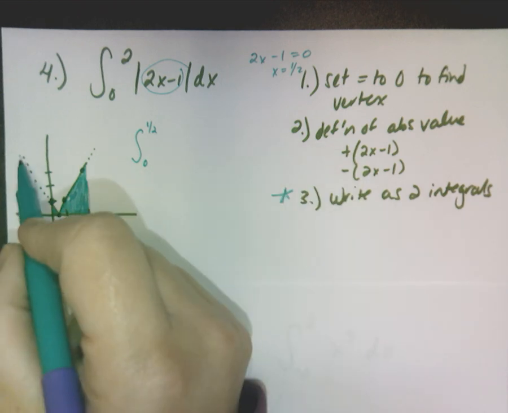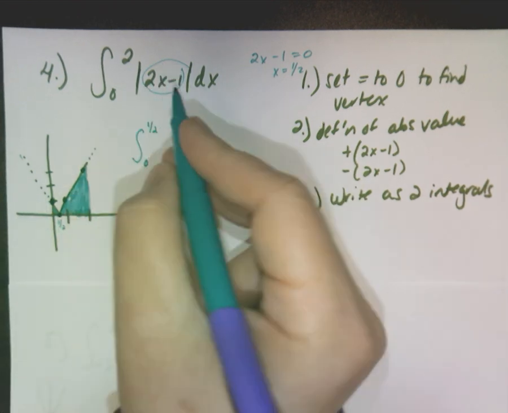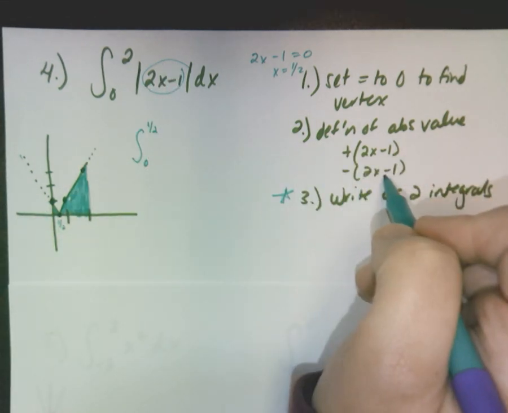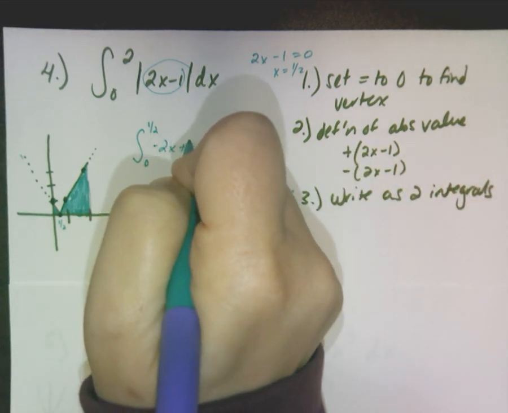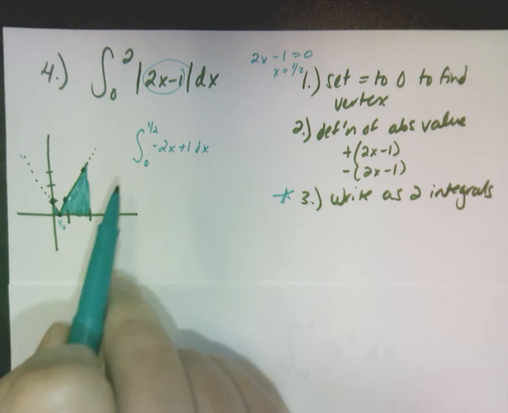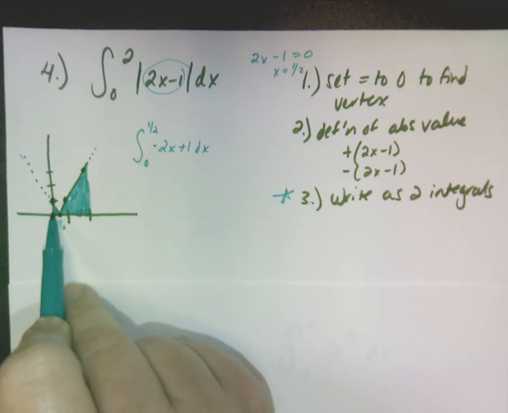So I want the negative of that one. So I want the negative 2x minus 1, which would actually be negative 2x plus 1 dx. So I'm going to integrate that. That would be this area right here.